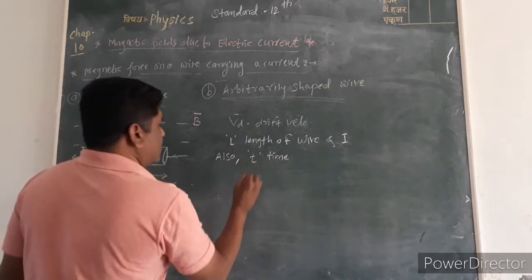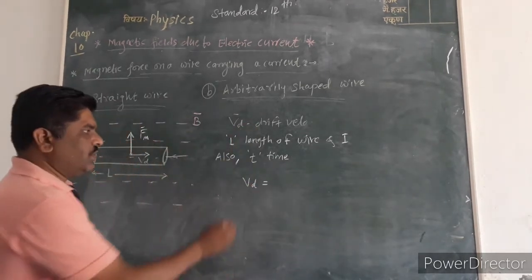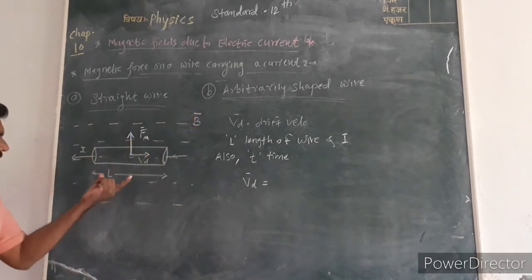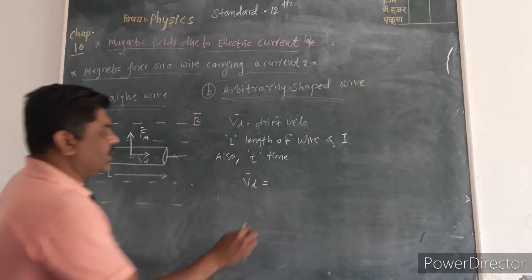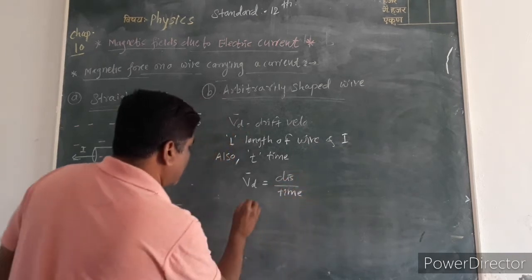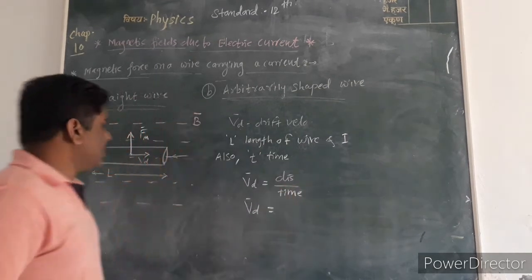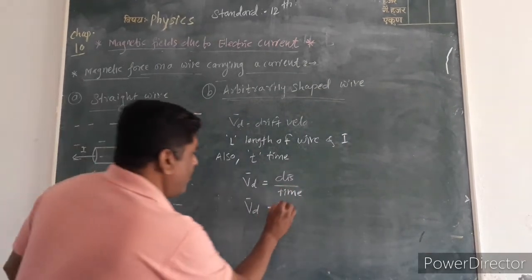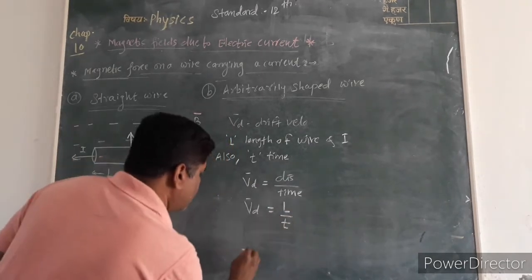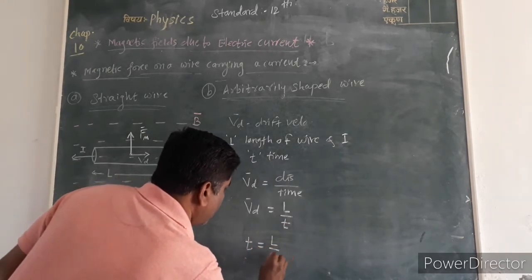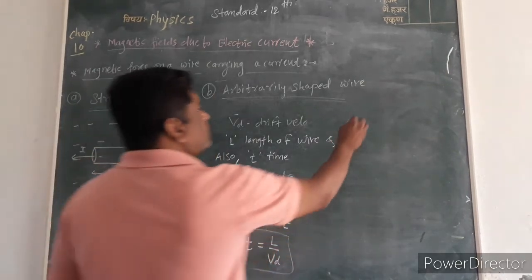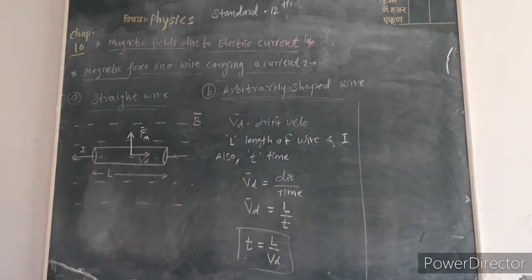Then velocity Vd is equal to distance upon time, where distance is nothing but the total length of the wire L. Therefore, t is equal to L upon Vd.